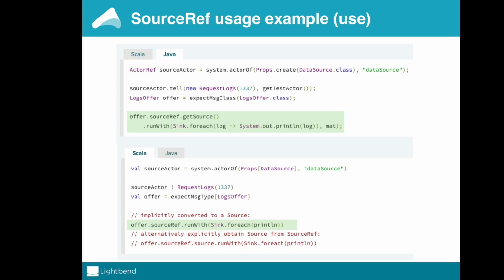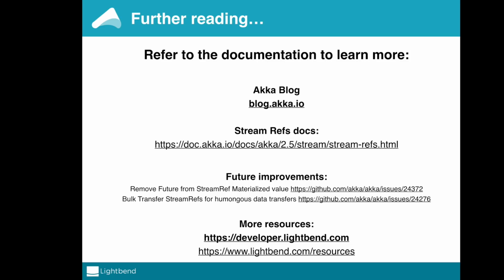In the future we want to introduce abstractions which look exactly the same, but would use a side channel on a separate TCP connection. For example, if you have really big messages that you want to send over, for example an entire log file, you previously would have to drop to the TCP or HTTP layers manually, and now you'll be able to do it with just Akka Streams.